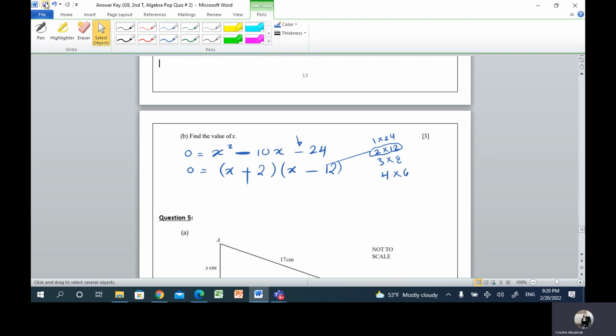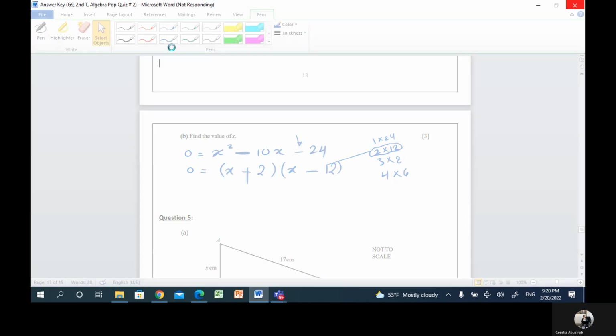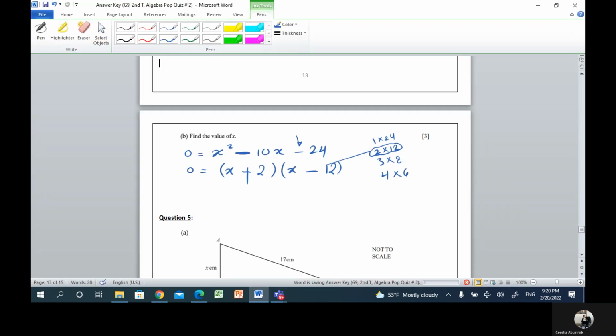Okay. And now, in order for us to solve this, after we factorize, we need to take the first bracket, x plus 2, equal to 0.